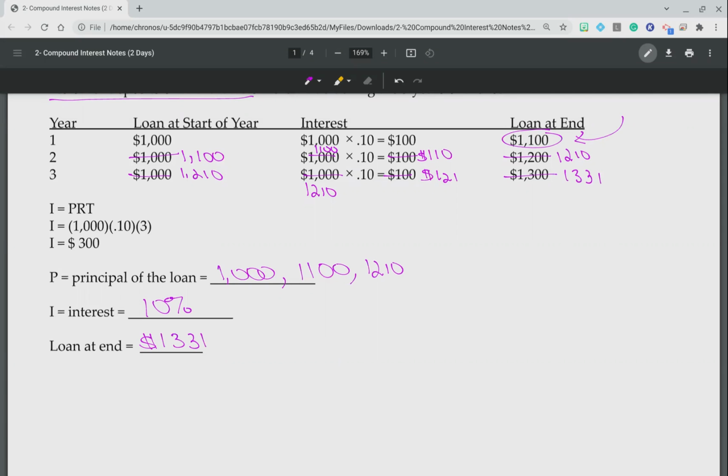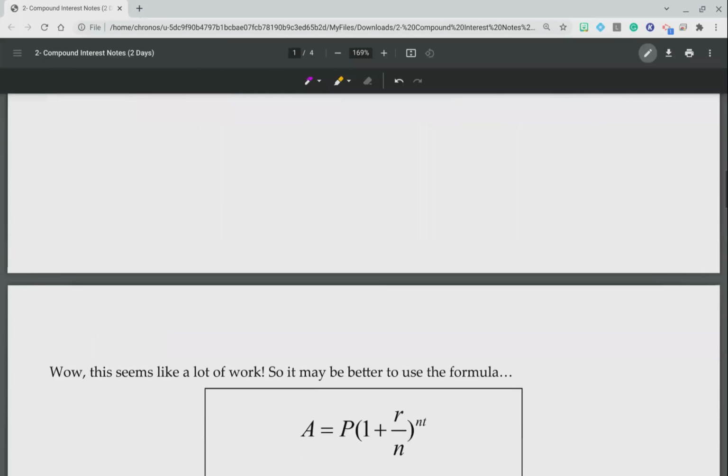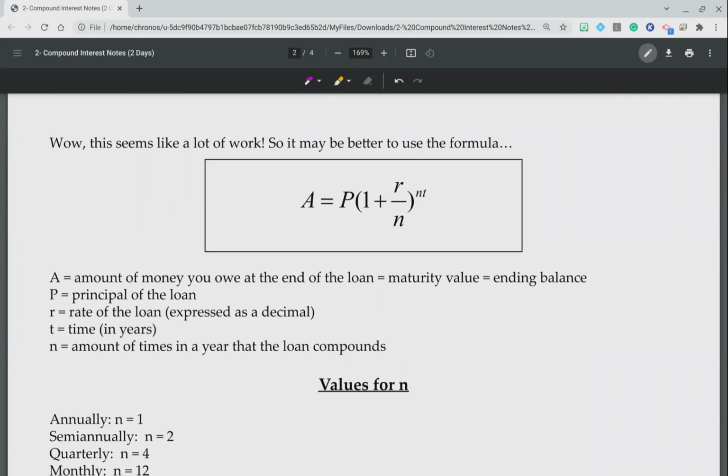Now this would be a lot of work if this was a compound interest loan for 10 years. Having to go through and do this for 10 years would take forever, right? So we do have a formula, and it looks like this.